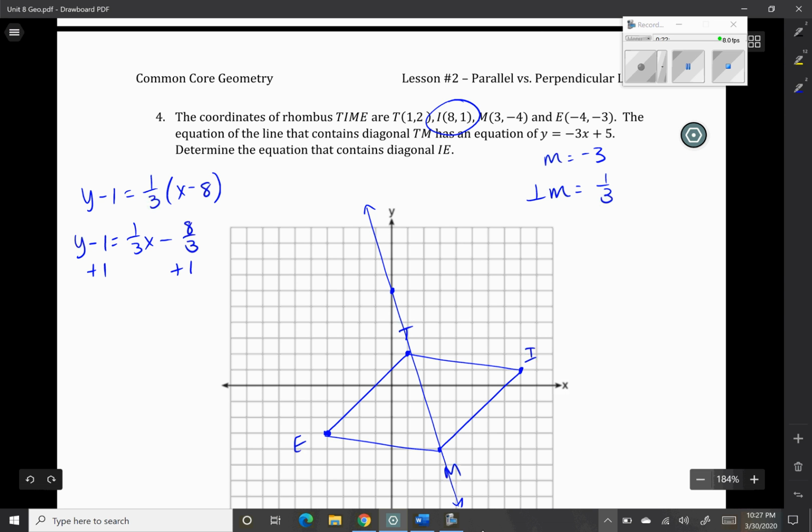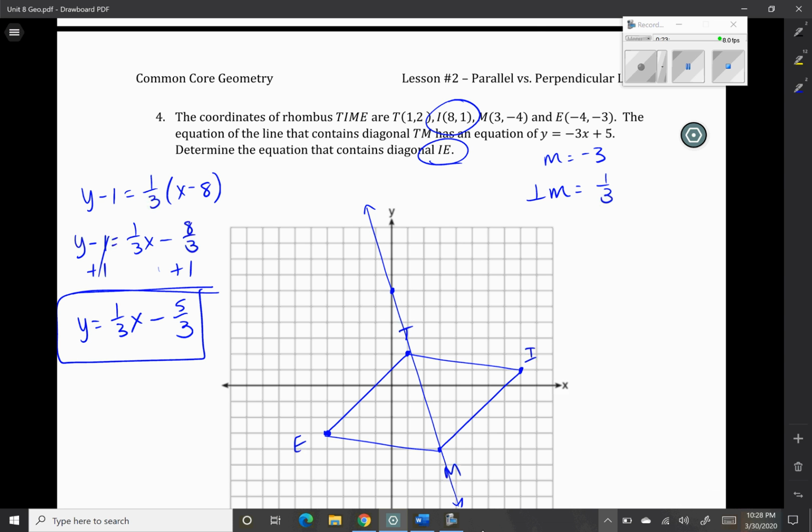If you then add 1 to both sides, the ones cancel, and you're left with y equals 1/3 x minus, again, if you do this in your calculator, you're going to get a decimal. Change the decimal to a fraction. We want the fraction, right? So if we change that decimal to a fraction, it becomes 5/3. There's the equation that connects I to E.